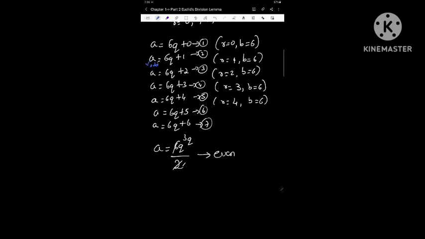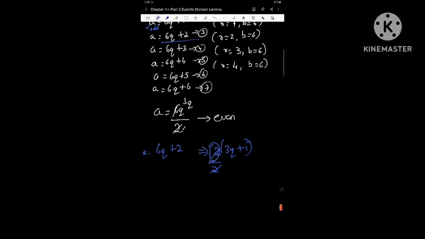And is the third equation divisible by 2? Yes, it is divisible by 2. If you consider a equals 6q plus 2, and take 2 as common, you will be left with 3q plus 1, right? And 2 is divisible by 2. So this third equation is even.